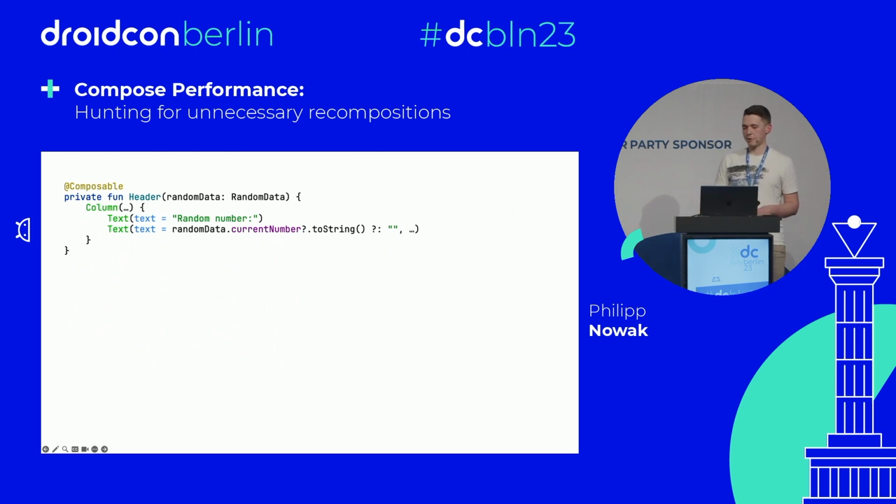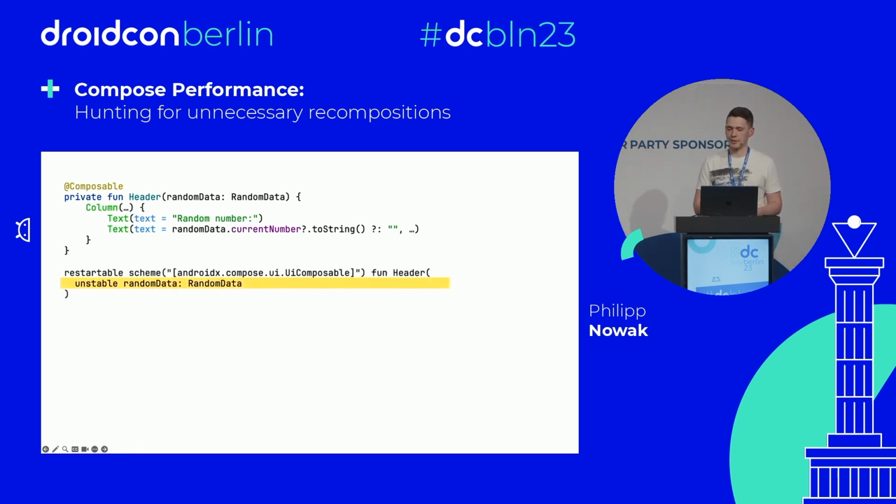We got our header composable function, which takes a parameter of type RandomData. If we have a look into our compose compiler metrics, especially into the composables text file, and look for the header composable, we can see that the compose compiler says our input parameter from the header composable is unstable.